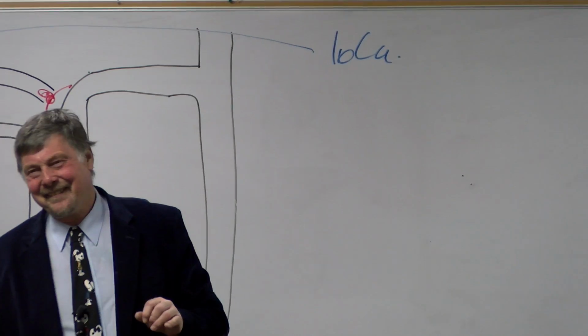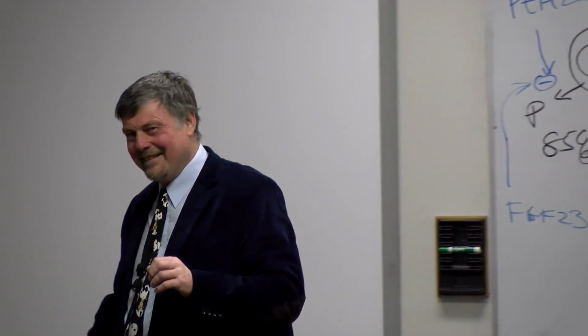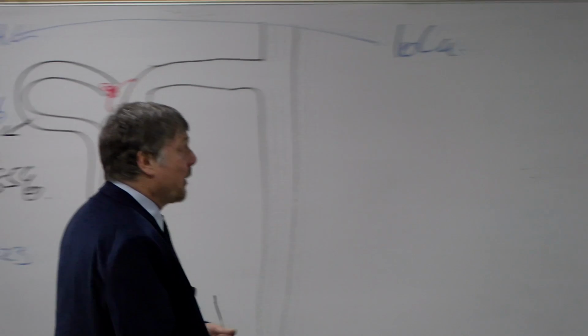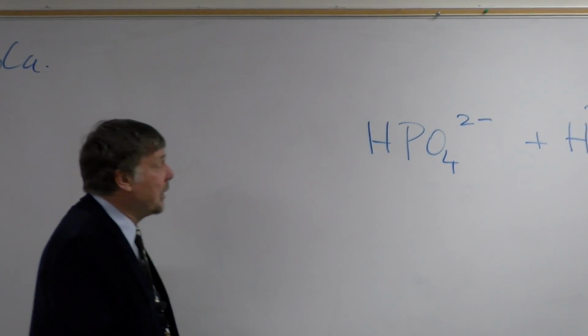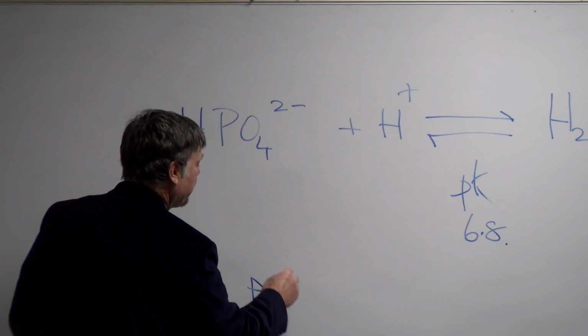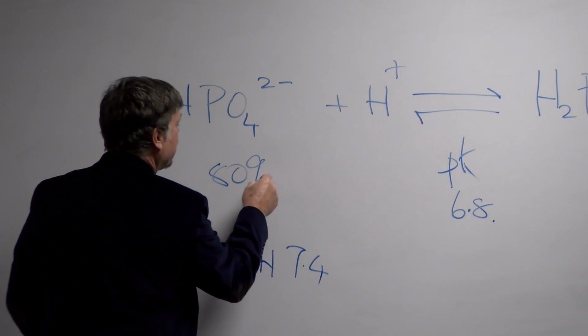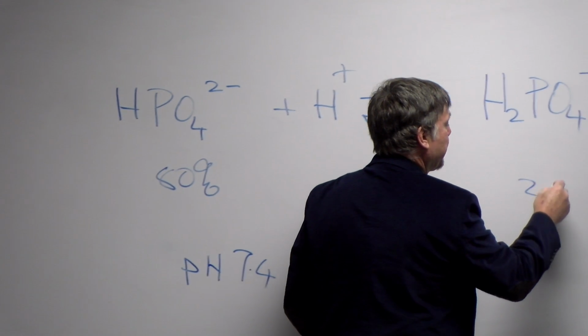You're saying at pH 7.4, most of the phosphate is in the mono form. Right. Yes. And realize, at pH 7.4, this is about 80%, and this is about 20%.